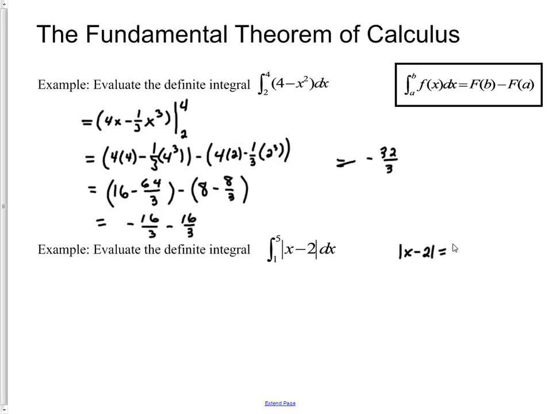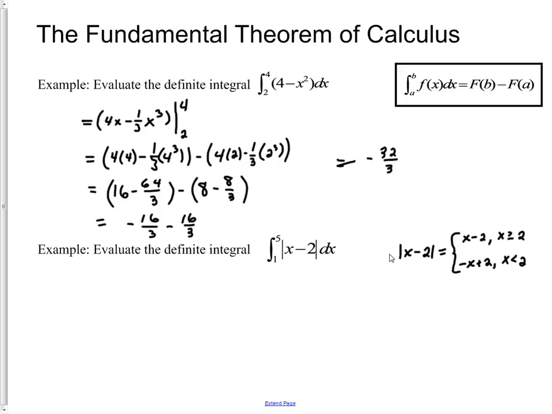The absolute value of x minus 2 will look like x minus 2, but only when x is greater than or equal to 2. And it will look like the negative of x minus 2, so we could write negative x plus 2, whenever x is to the left of 2.